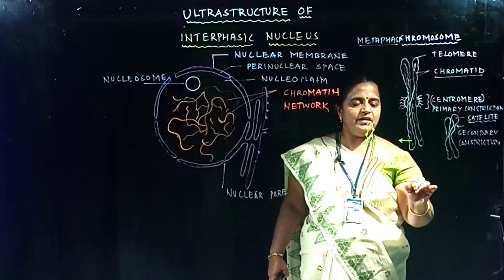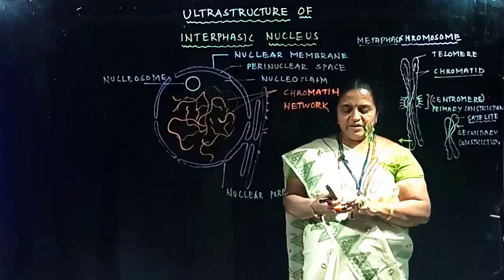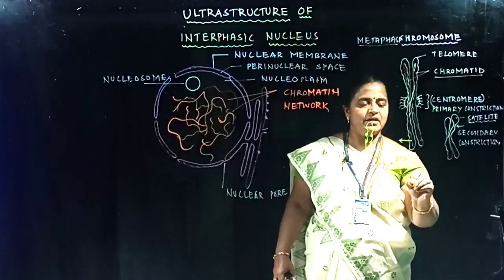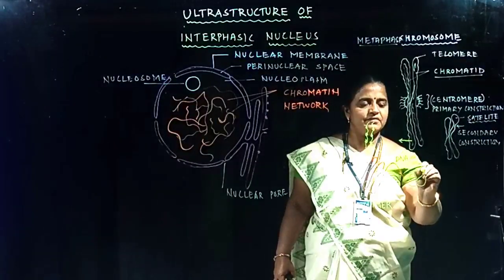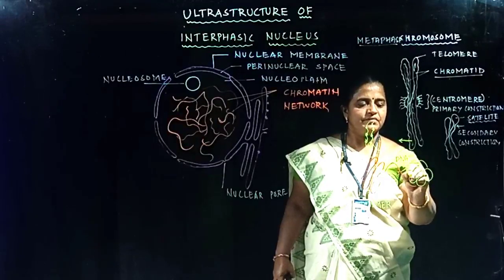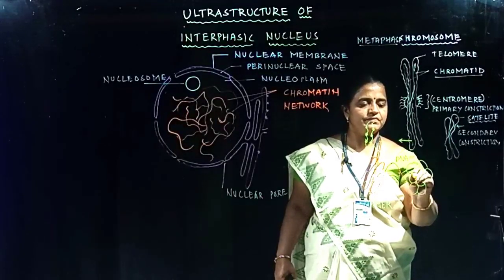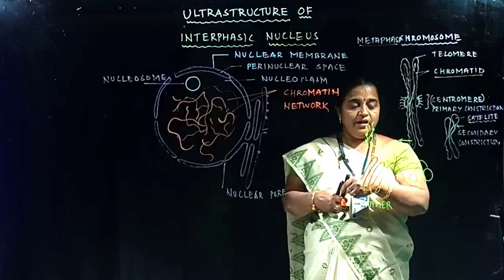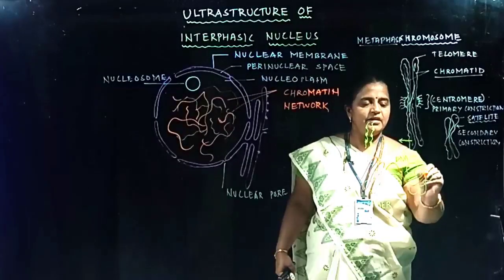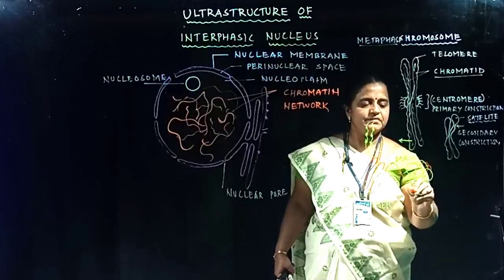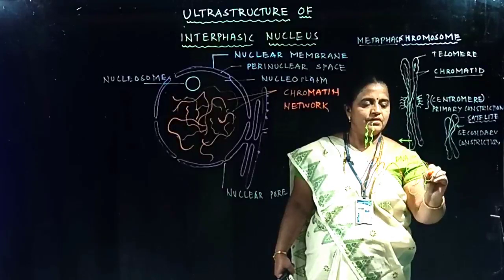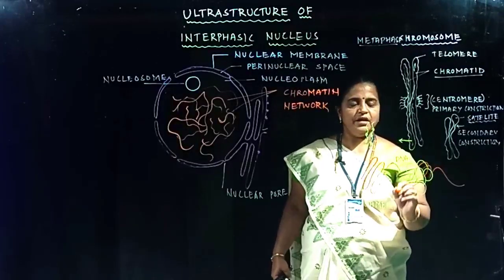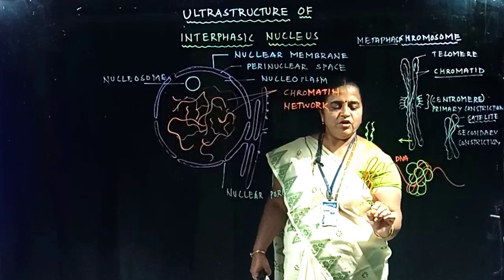This DNA is wrapped around the octamers made up of histones. Around the octamer the DNA encircles again, and it comes out.